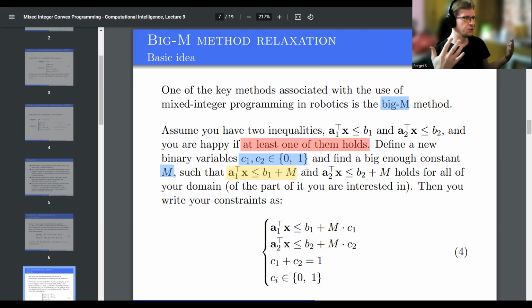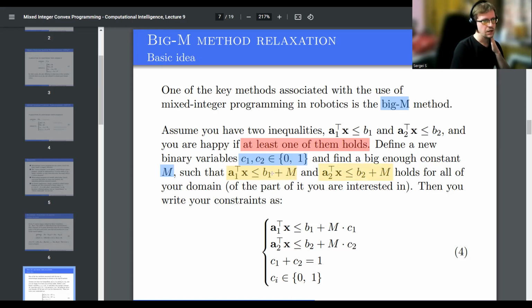Usually x is not expected to be like billions. In all reasonable problems, x is within some bounds. Those bounds are not necessarily stated explicitly, but even in our path planning problem, no path would deviate from the origin more than, let's say, 100 meters. So there are always such limitations on x, implicit or explicit. So we choose M in such a way that this would always hold, and that this would also always hold.